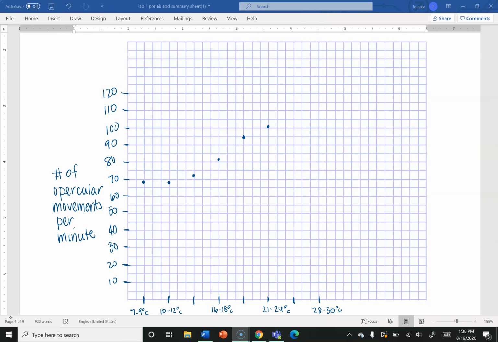And just to move things along, I'm going to finish off my graph here. So this is my line for fish number 1 from the data set that I gave you. We'll go ahead and connect this.